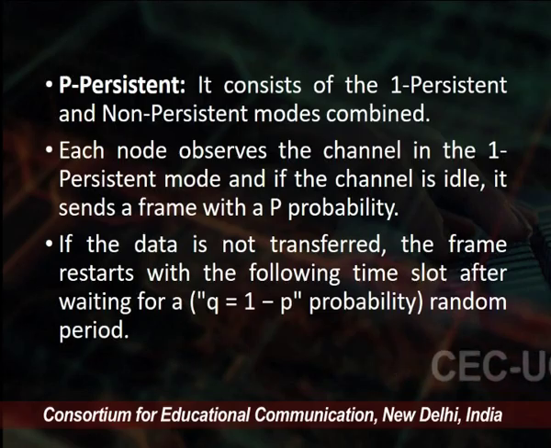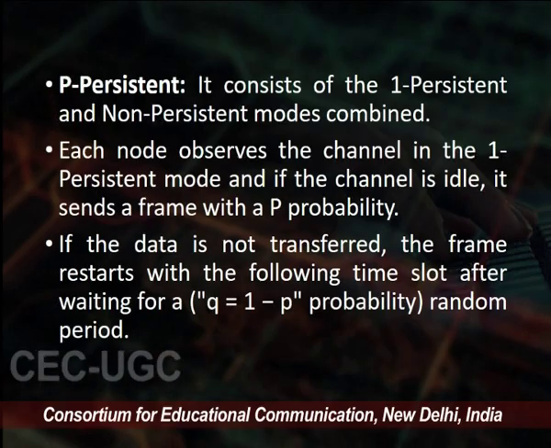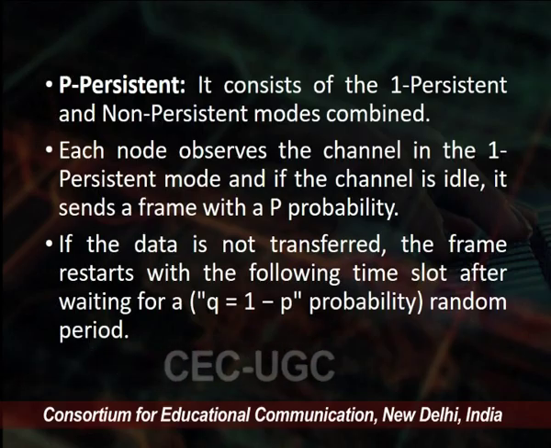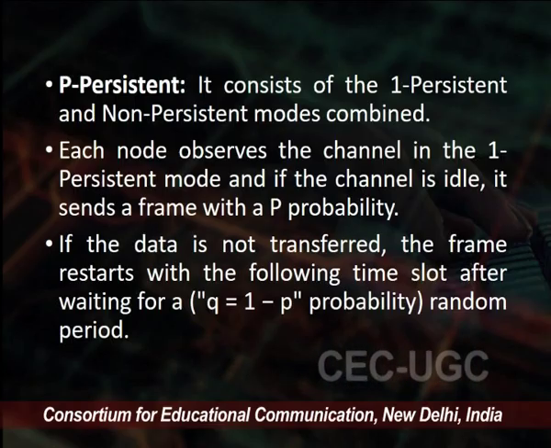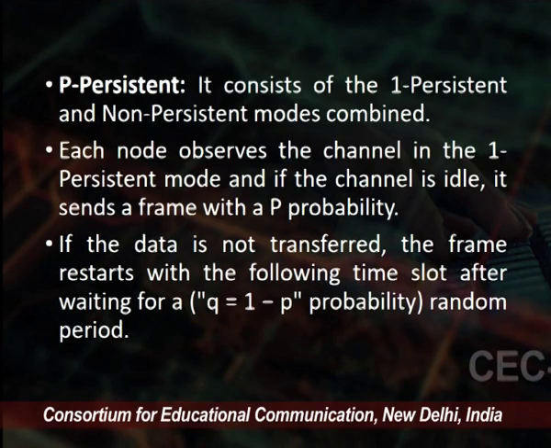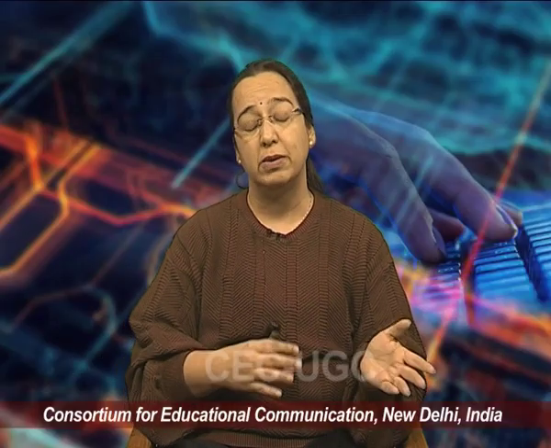So hence both the one persistent and non-persistent modes are combined in order to have the mechanism of P persistence. Persistence is there, but frames are sent with a probability of p, not with the probability of 1.